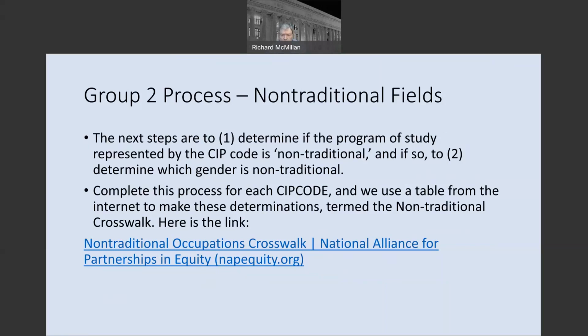Complete this process for each zip code, and we use a table from the internet to make these determinations, termed the non-traditional crosswalk. Here is the link provided.